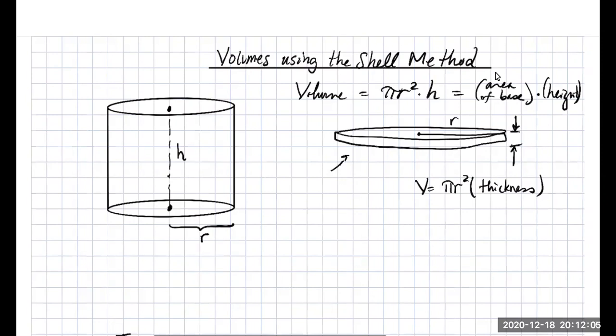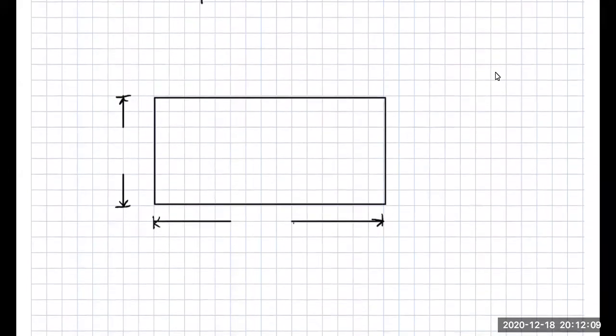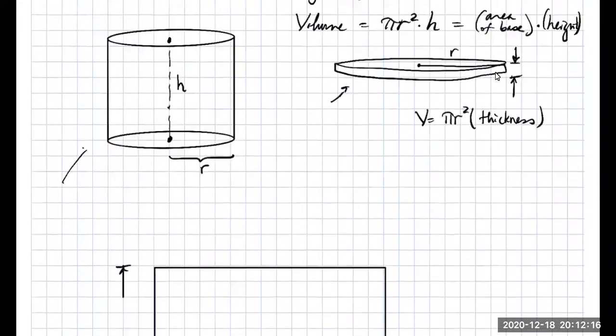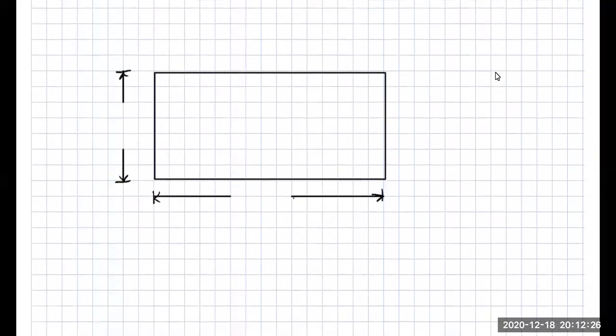So I took the liberty of drawing that right here. This is the circular cylinder above. Imagine slicing it down from top to bottom in a vertical fashion and unraveling it, and we're going to get this rectangular shape right here.